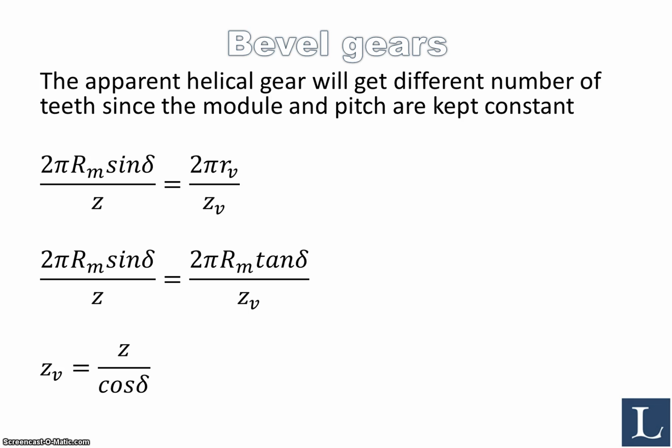To make this work, the apparent helical gear will get a different number of teeth. Since we keep the module and the pitch constant, the number of teeth will change.